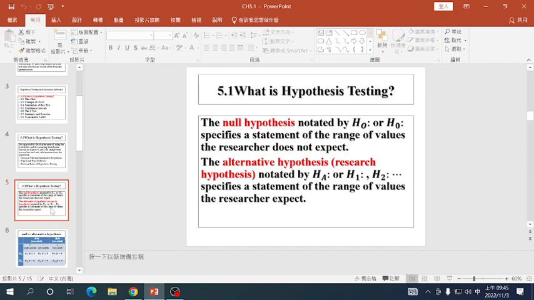Therefore, each group ends up with a different beta hat. So beta hat is the statistic, and it comes from the sample. Different samples give different statistics. Therefore, the statistic changes.